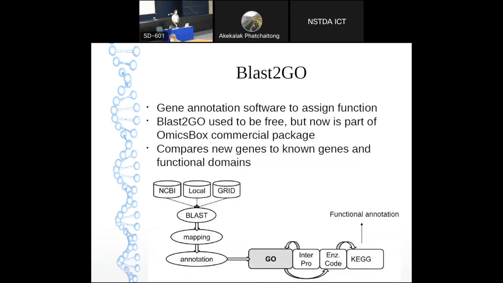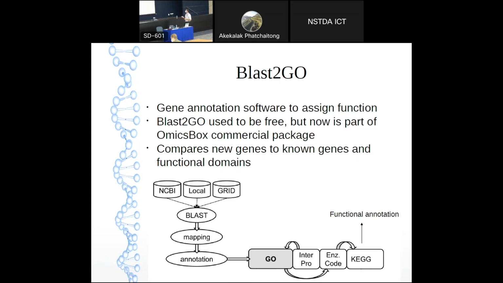So to assign a function to each of these genes, we use a program called BLAST2GO. It started out as a free program, but it's now been packaged into a commercial program called OmicsBox. So the idea here is to map each of the genes against a database and then identify what the gene does based on our information about the genes in the database.